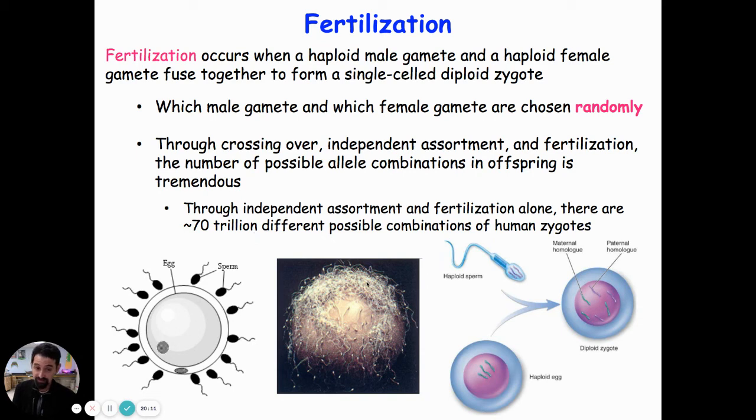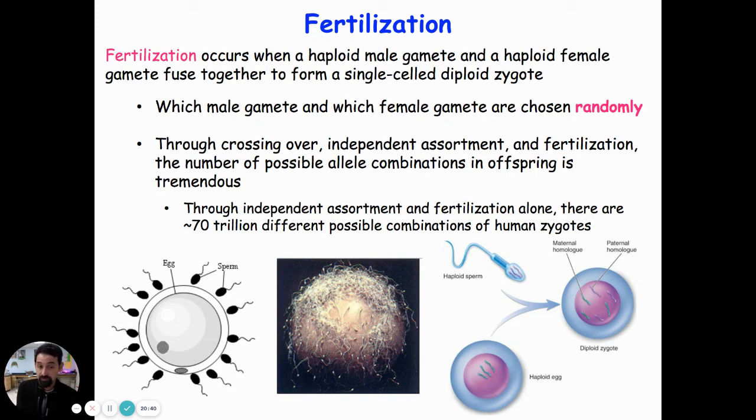And on top of that, that does not take into account the mixing that occurs due to crossing over. So that is why you and maybe your siblings that come from the same parents, if you've got quite a few kids from the same parents, they are not the same, because these processes occur every single time. And even though they might have some similar characteristics, they definitely are not the same.